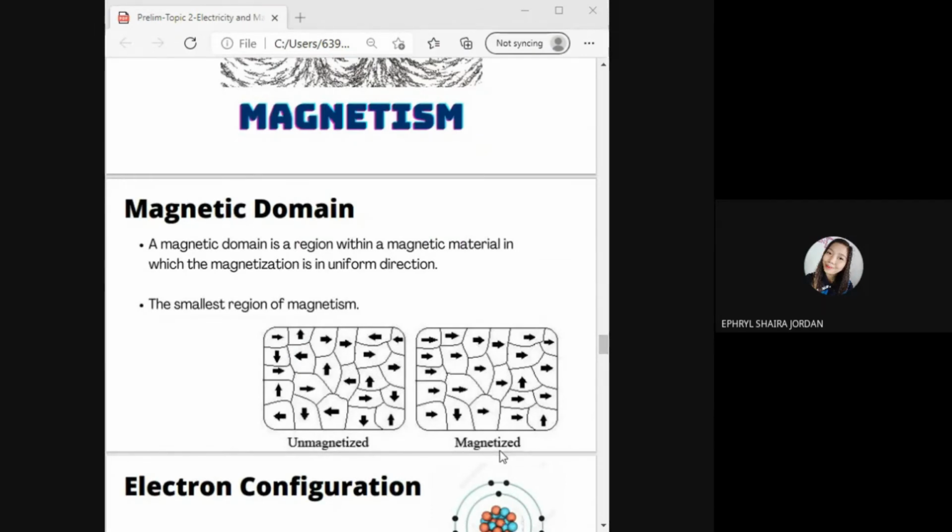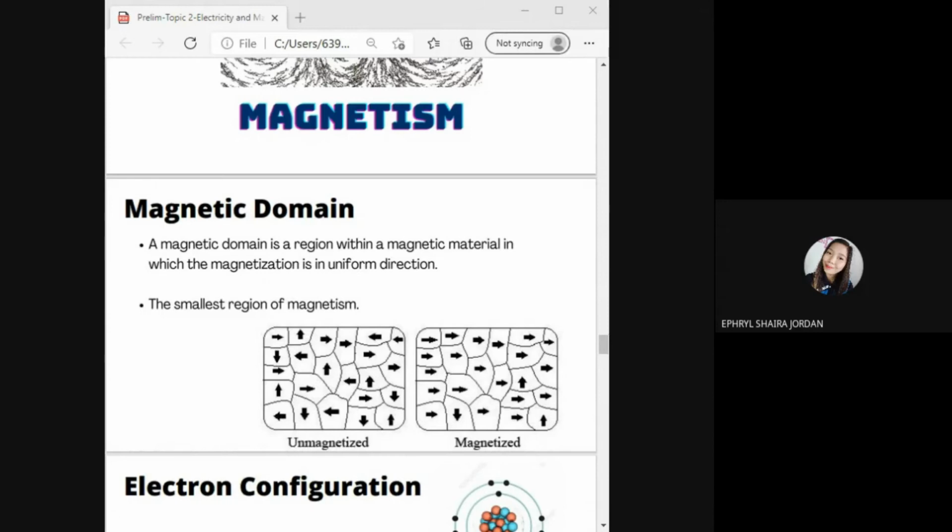If most of these magnetic moments point in one direction, most likely it is magnetized. But if they're randomly pointed, not in one direction, then it is unmagnetized.